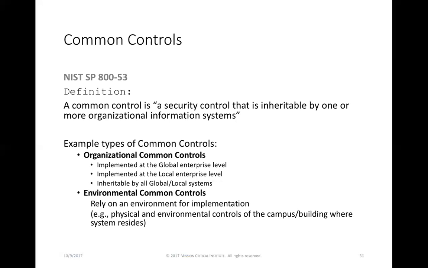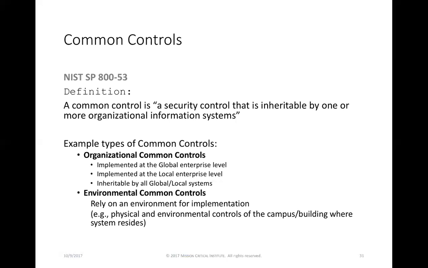Okay, so just to break this down, to give you a good example of a common control, your company, your organization probably would have a policy that outlines what kind of training has to take place on an annual basis, on a quarterly basis, on a monthly basis. So you probably have an organizational policy on that.